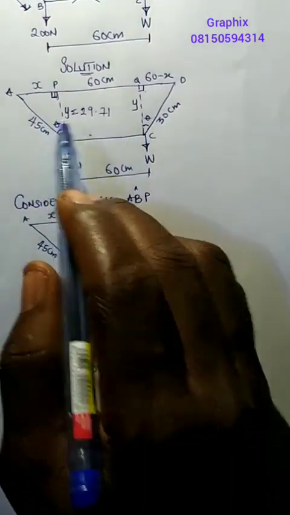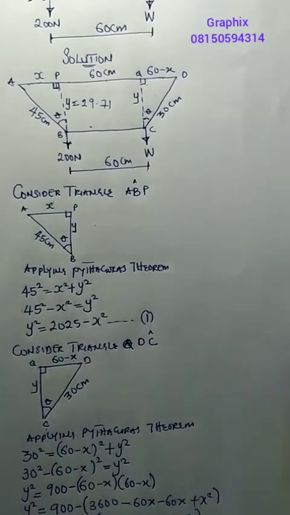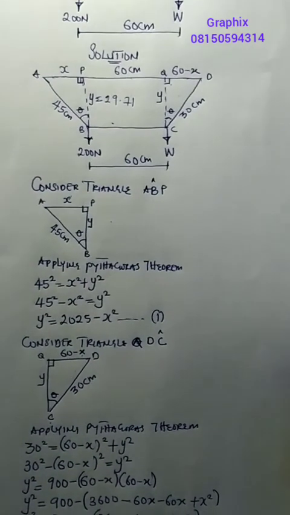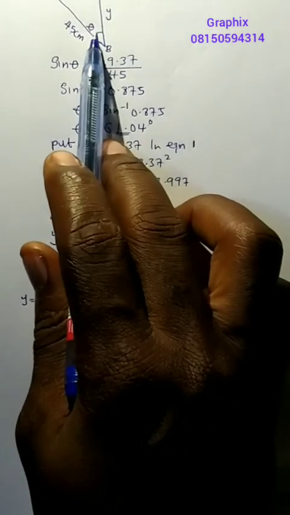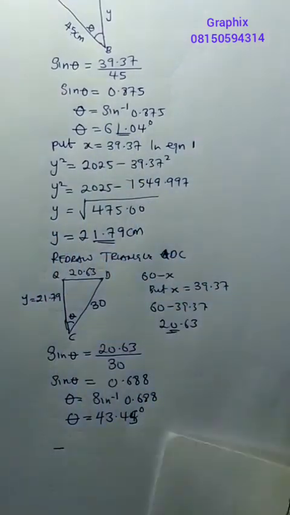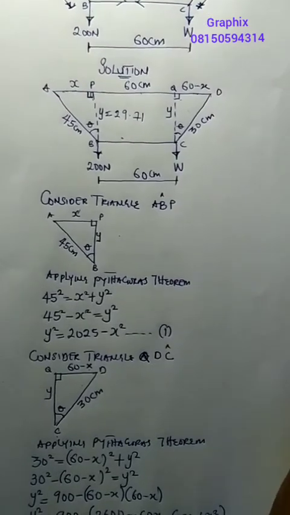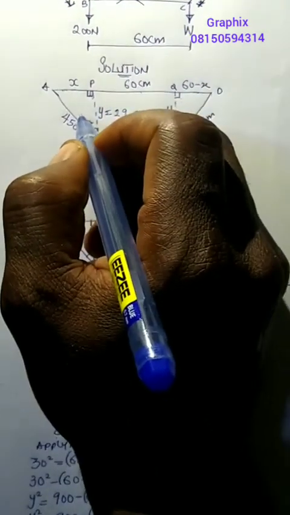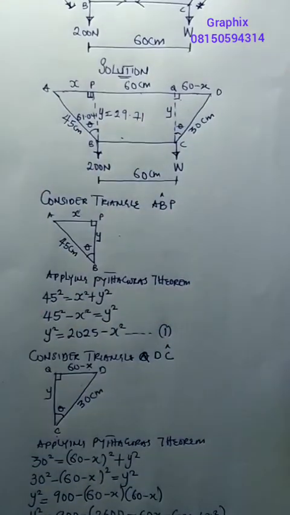Then my angle theta here, the first theta for this one, giving us 61.04 degree. So I can easily write it here by saying this is equals to 61.04, right?